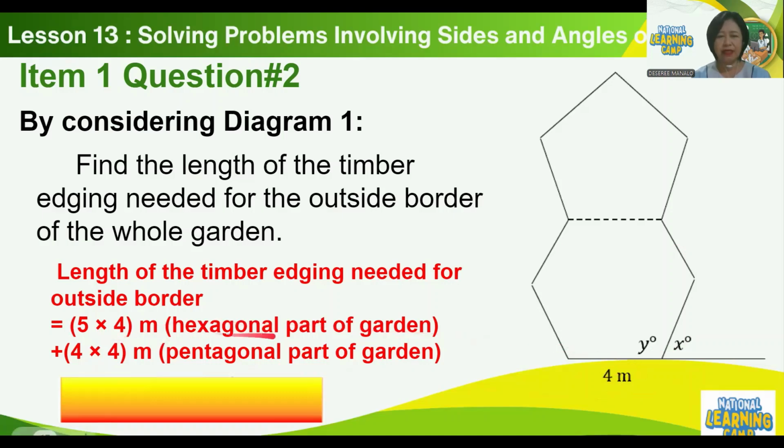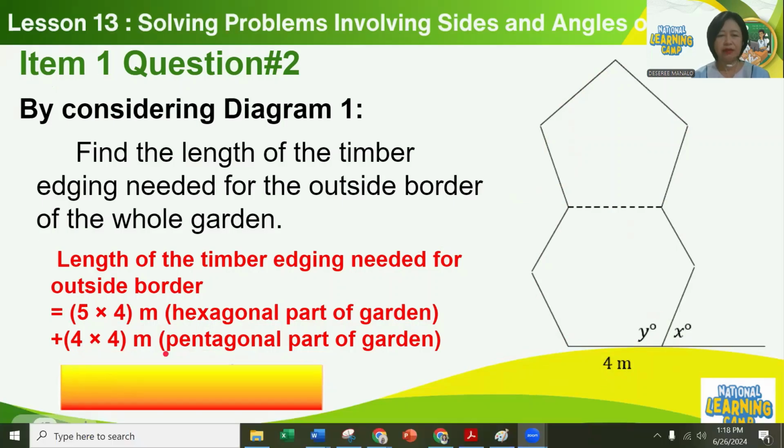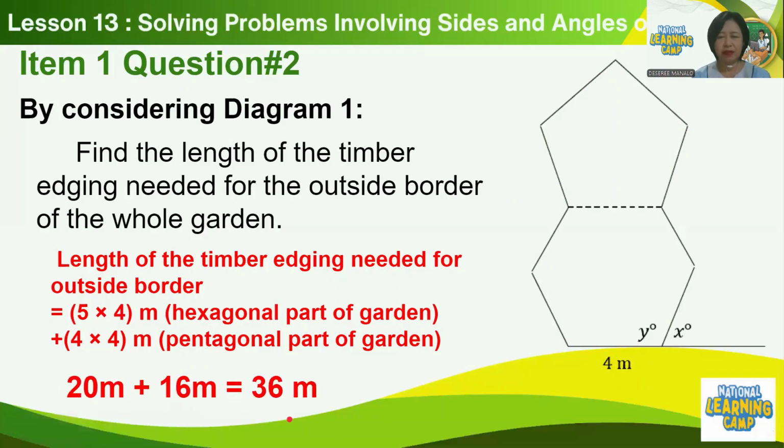For the pentagonal part of the garden, we have 4 times 4 meters. Why 4? This is the pentagonal part, so 1, 2, 3, 4. So 4 times 4 meters is 16 meters. The hexagonal part has 20 meters and the pentagonal part has 16 meters. Therefore, you add 20 plus 16, which is equal to 36 meters.